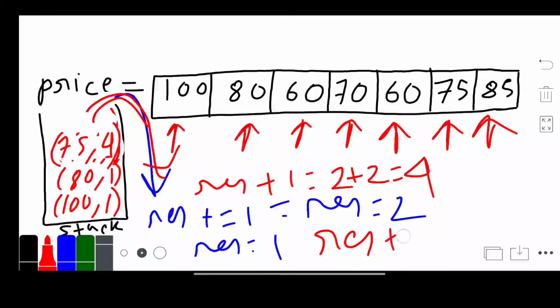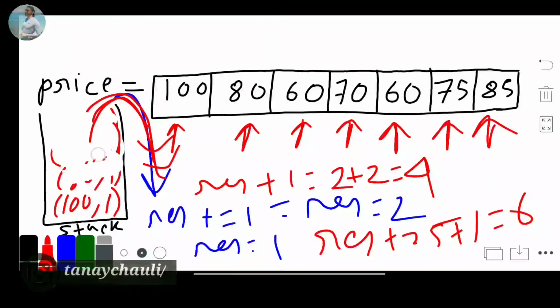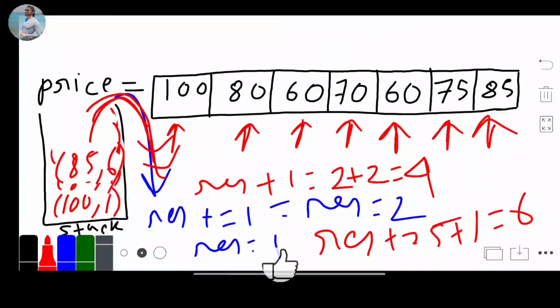Then we check the next element, 80, which is less than 85. Yes, so we pop 80 and add its count, 5 plus 1 is 6. So we add 85 with count 6. That's our solution for this question. I hope you understood it.